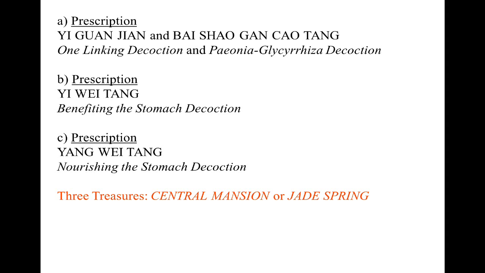There are many formulas you can use. In the Three Treasures, we have two, Central Mountain or Jade Spring. And they are differentiated later on. We have some slides which show the differentiation.